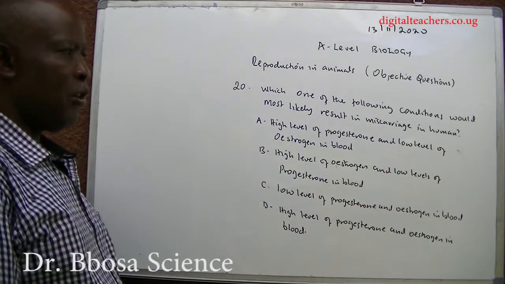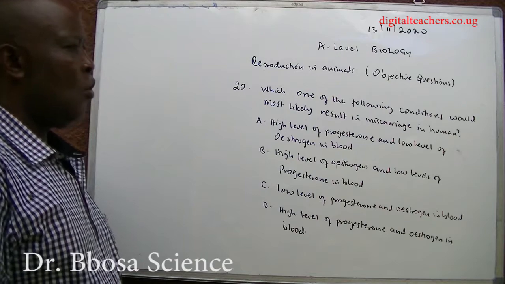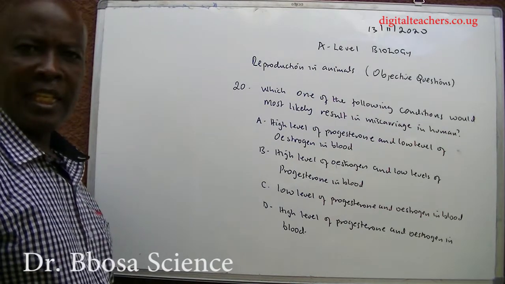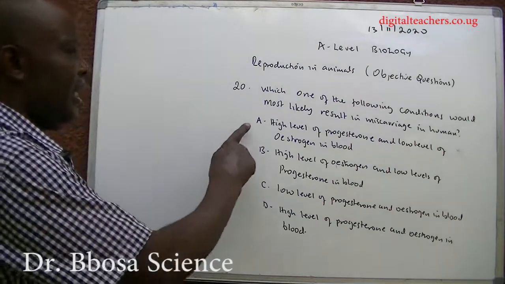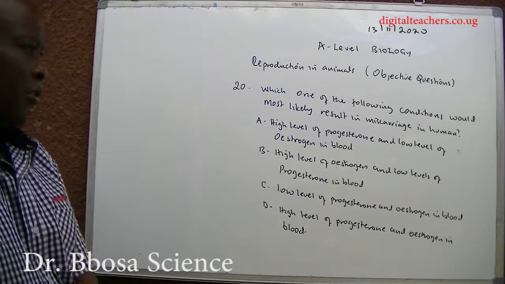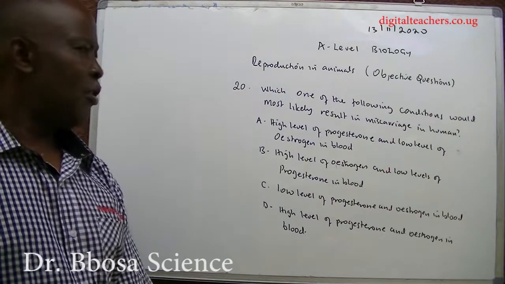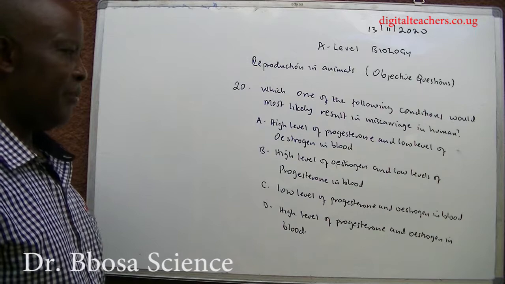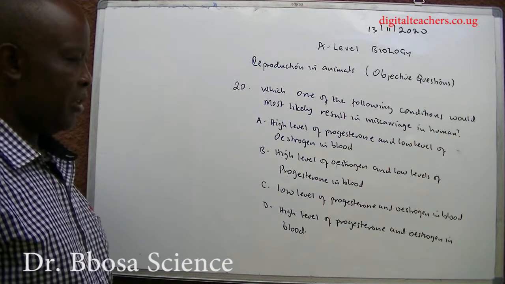Number 20. Which one of the following conditions would most likely result in miscarriage in humans? A. High level of progesterone and low level of estrogen. B. High level of estrogen, low level of progesterone.